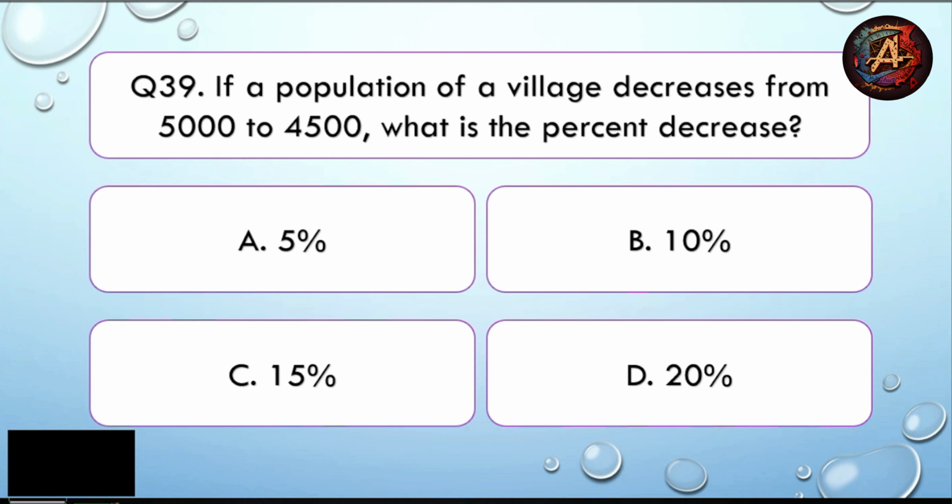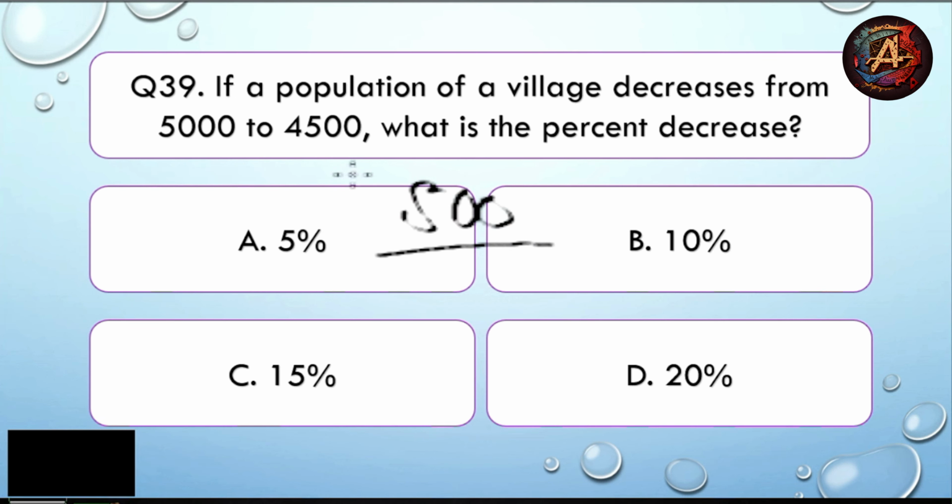Okay, math learners, this is the same as what we encountered earlier about the increase of population. Right now in question number 39, it talks about decrease. So what is the number of decrease in the population? From 5,000, it became 4,500. So 5,000 minus 4,500, that is 500. So there is a decrease of 500.